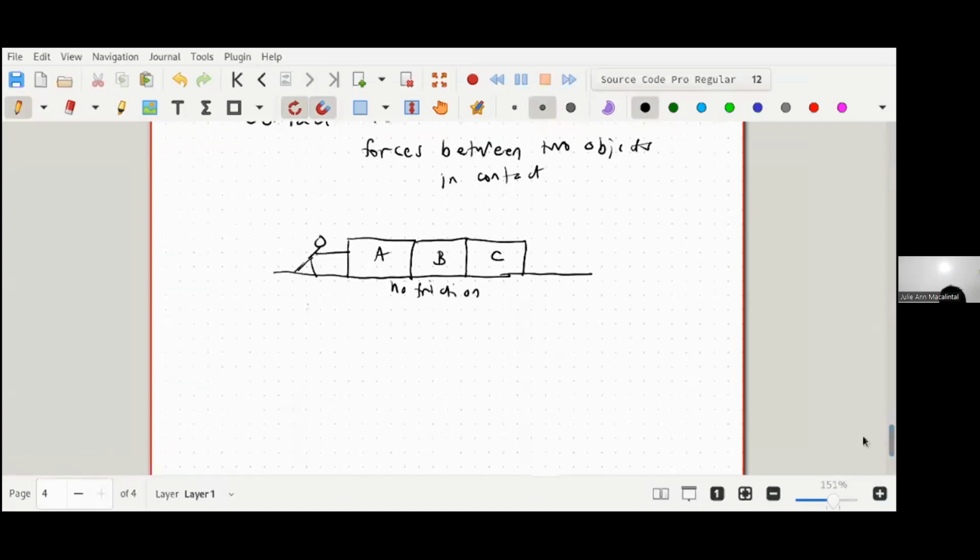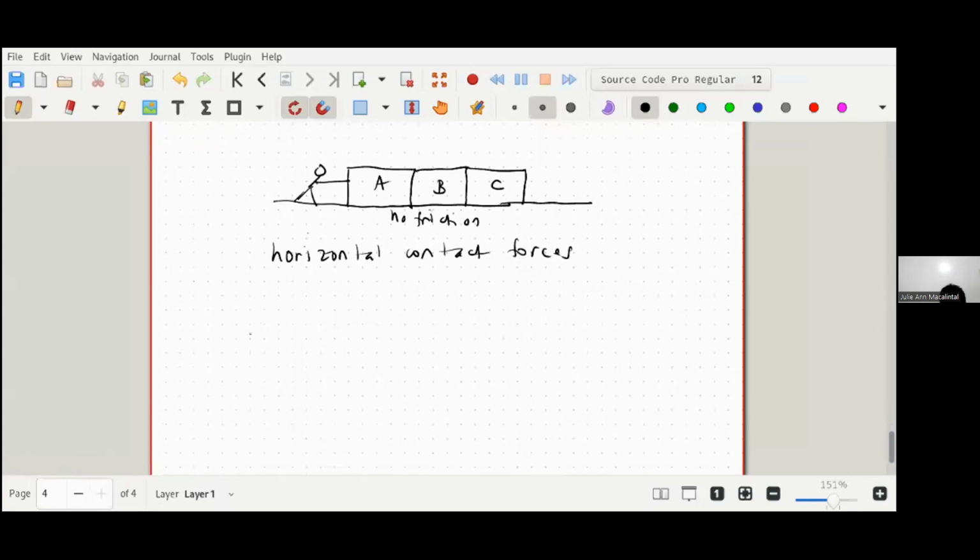Without taking into account friction, let's do the horizontal forces first. Later we'll consider the vertical ones. So, this is the free body diagram for the man. This is object A. This is B. This is C.